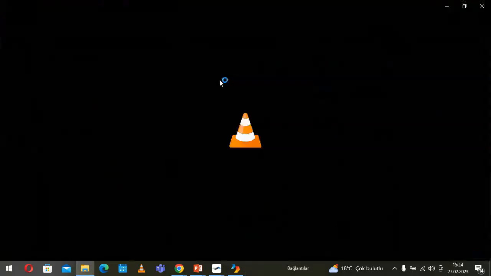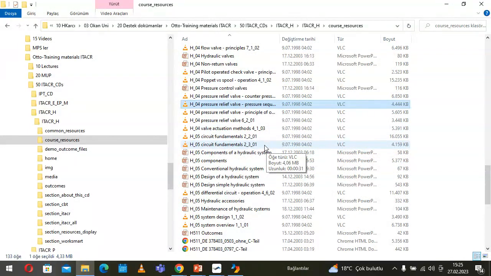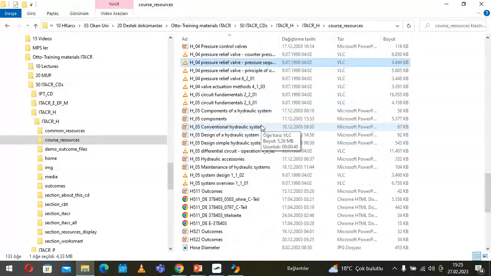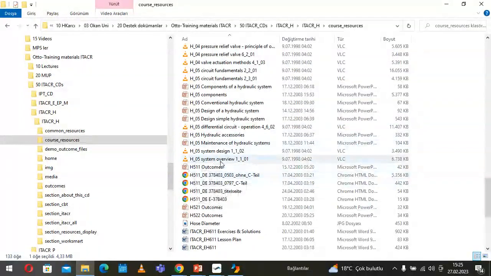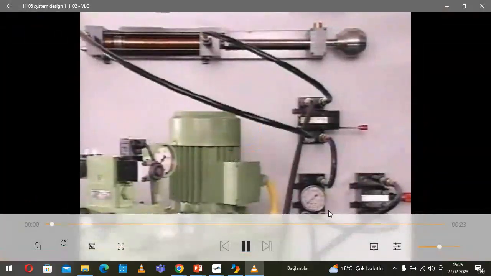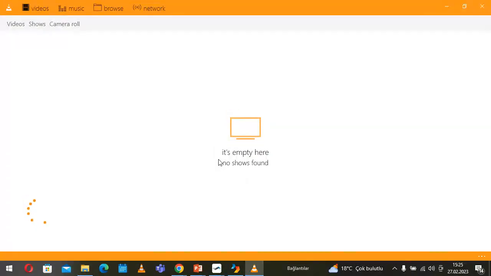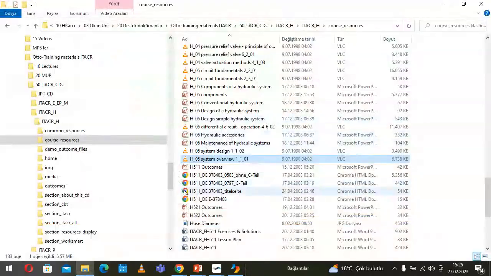Where is it? The power control section. The hydraulics. Where is it mentioned?